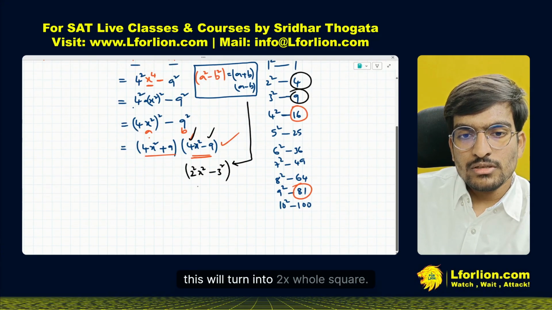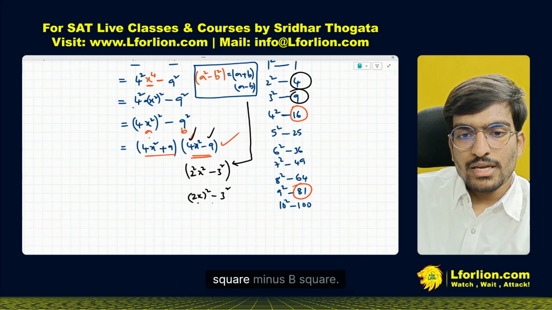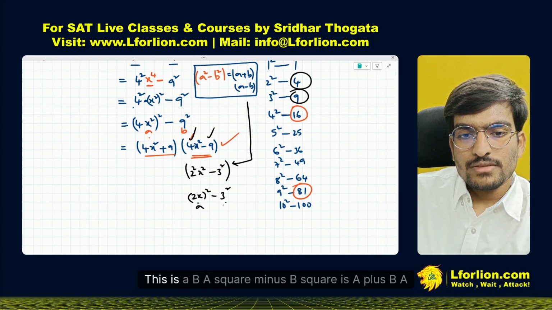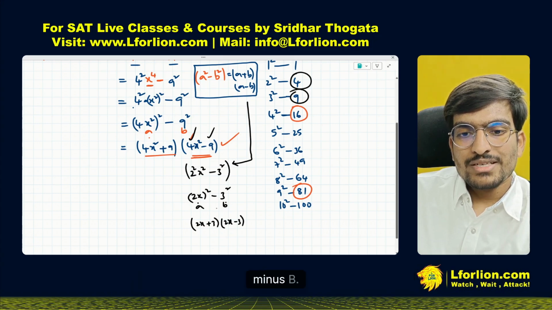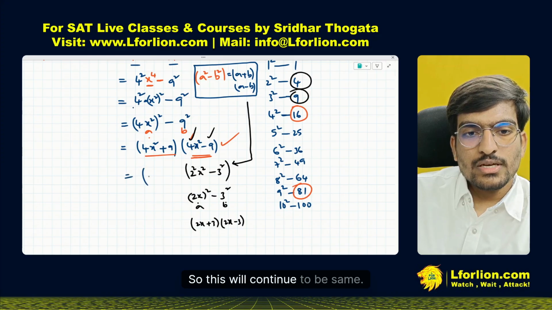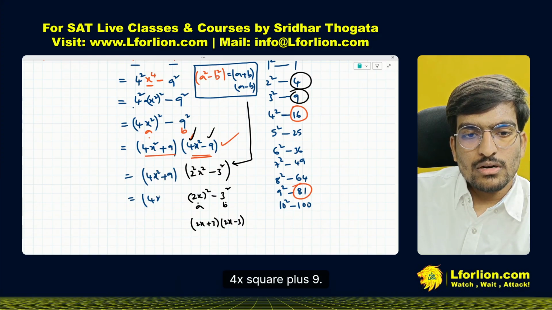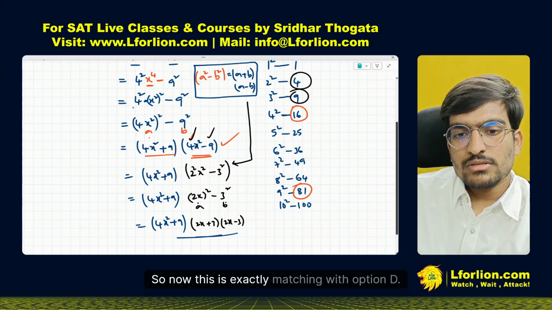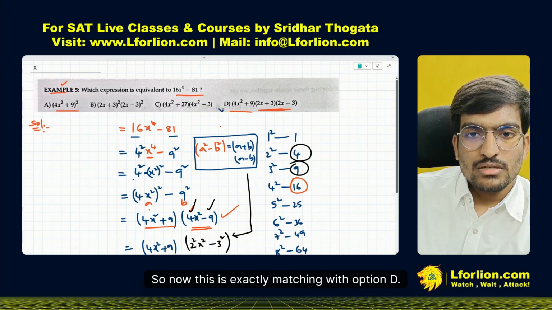This will turn into (2x) whole square by the power rule, and 3 square, so a square minus b square is (a plus b)(a minus b). So this will continue to be the same, (4x square plus 9), and then (2x plus 3)(2x minus 3). Now this exactly matches option D.